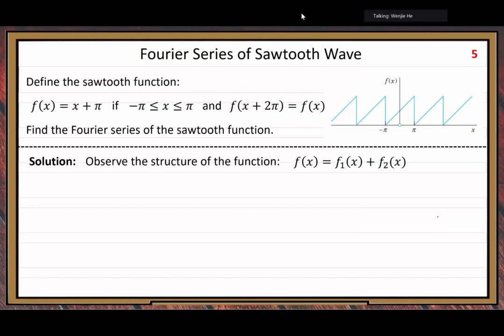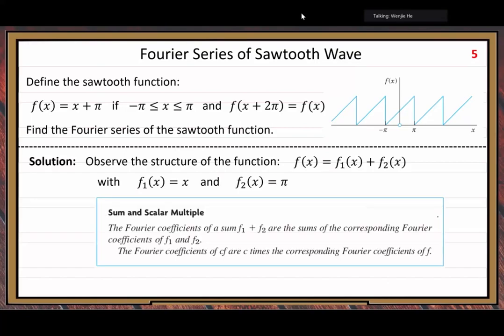So f2, constant pi, is an even function, and x is an odd function, right? So we can split f1, f2, odd function, even function, and calculate them separately.